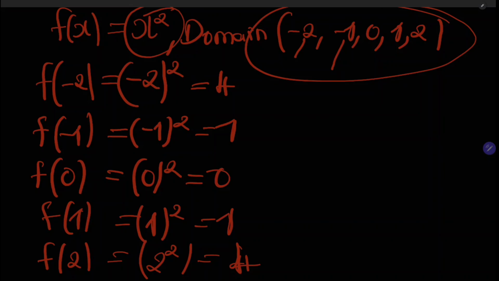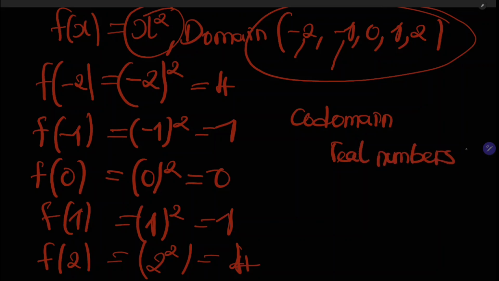The codomain, remember, is all possible outputs. So the codomain is the real numbers.